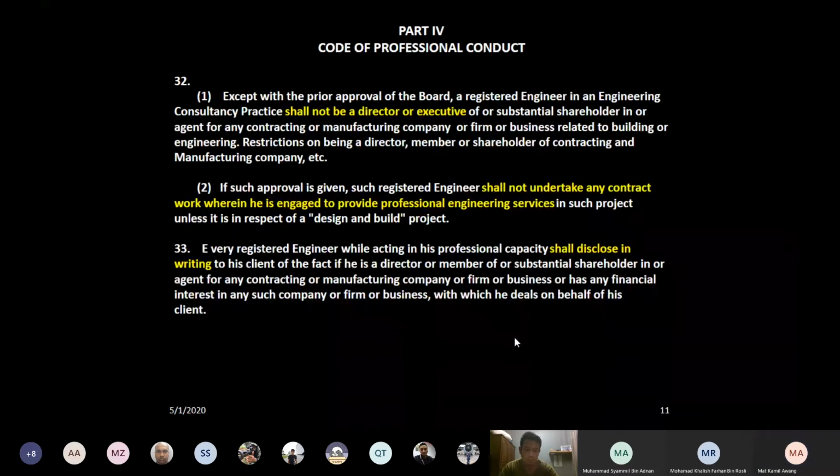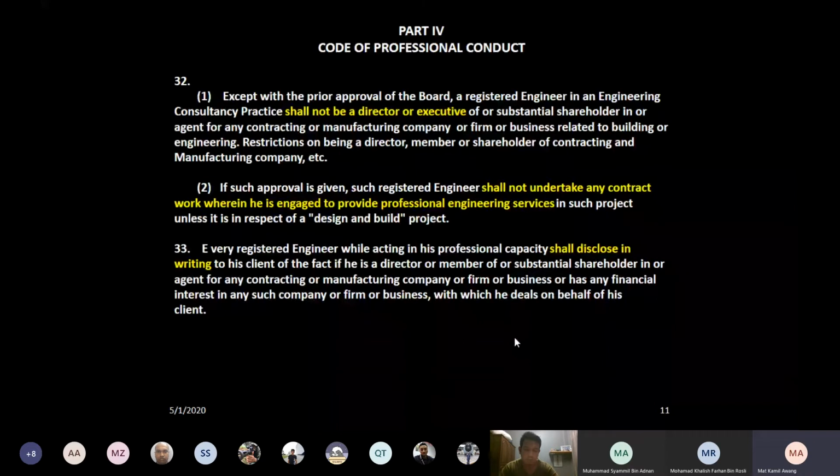Section 33, every registered engineer, while acting in his professional capacity, shall disclose in writing to his clients the fact that he is a director or member of, or substantial shareholder in, or agent for any contracting or manufacturing company or firm or business, or has any financial interest in any such company or firm or business with which he deals on behalf of his client.